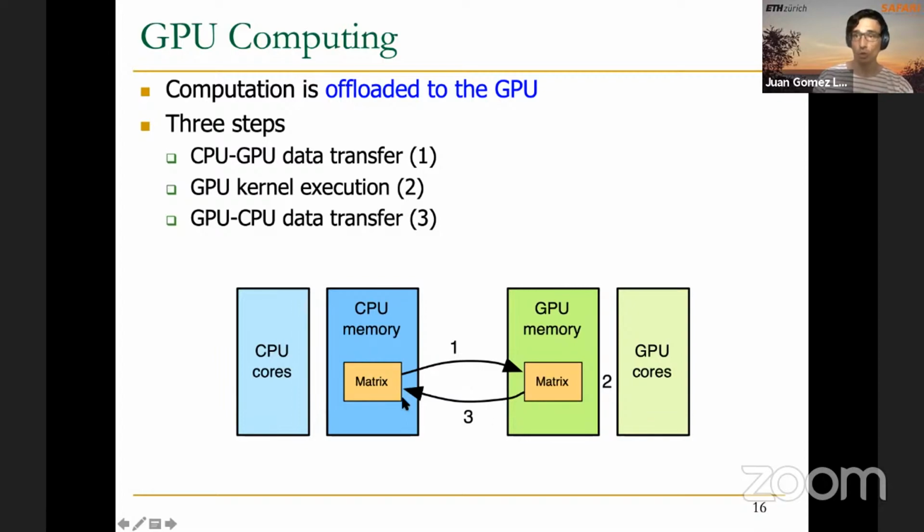But before doing this data movement, we have to allocate data in both the CPU memory and the GPU memory. So observe that when we are using GPUs in our heterogeneous systems, in principle we have to do double allocation of every single array that we are going to use on the GPU. We allocate in CPU memory, we allocate in GPU memory, then we copy from one to the other. And at the end of the program, we deallocate memory.